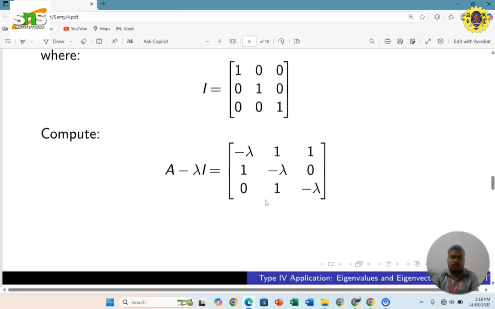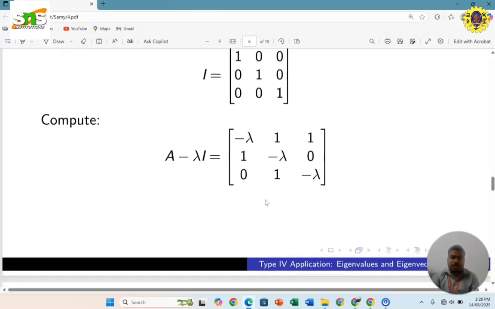A minus lambda I is equivalent to minus lambda 1 1, 1 minus lambda 0, 0 1 minus lambda, computed from the given matrix A.